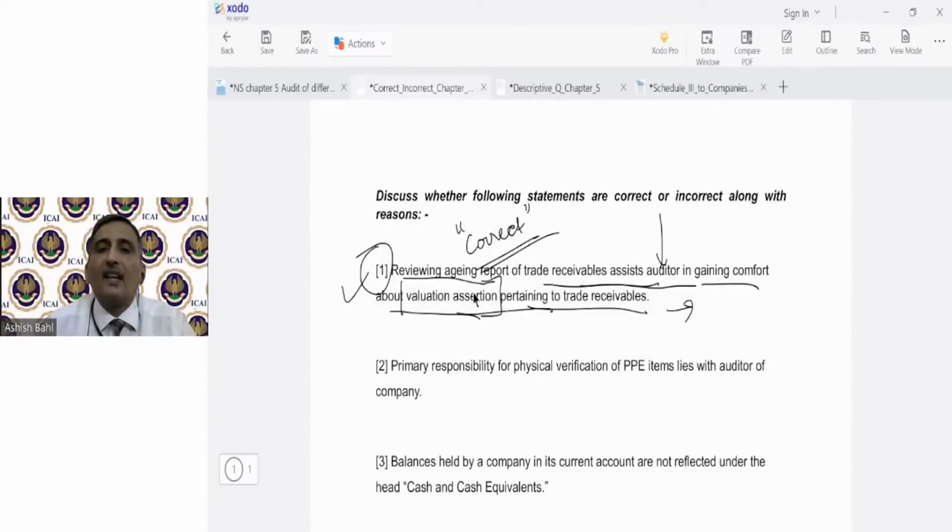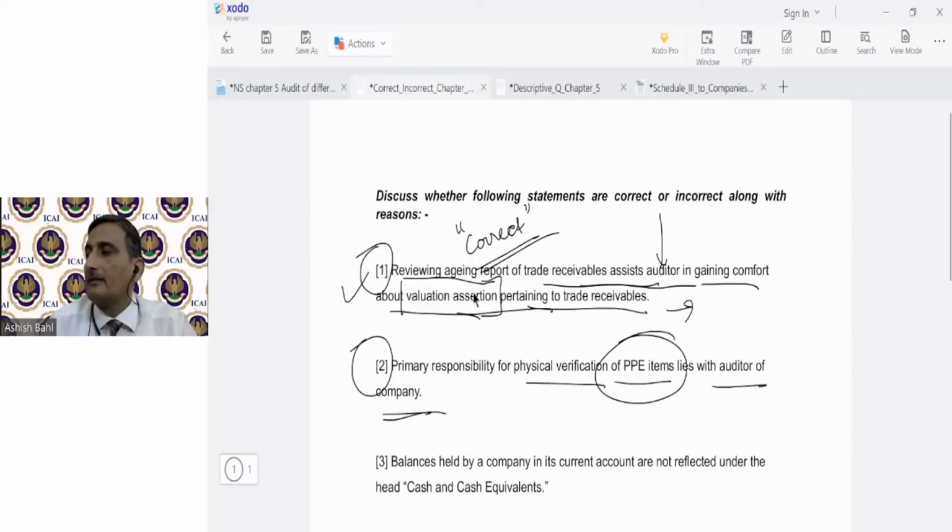Yes. Now second point, second question. Primary responsibility for physical verification of PPE items lies with the auditor of the company. Now, whether this is correct or incorrect?